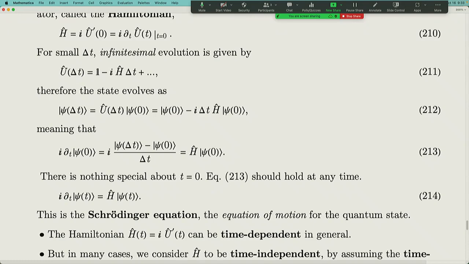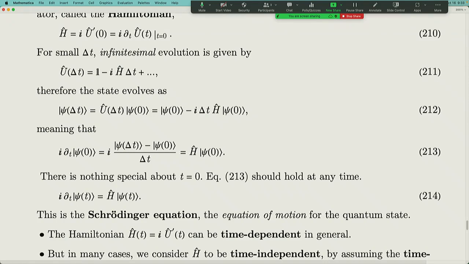Because the change is very small, you don't want to describe the change itself. Instead, you want to describe the change per unit of time. So you want to take the difference and then divide it by the infinitesimal amount of time that you evolve. So this you can rewrite as a time derivative of the state.